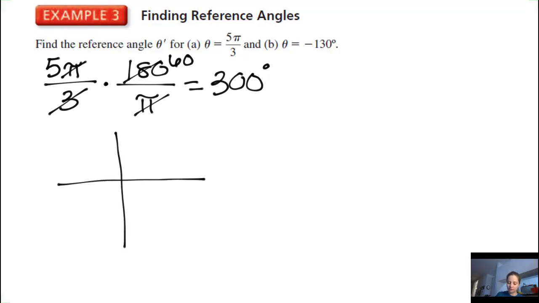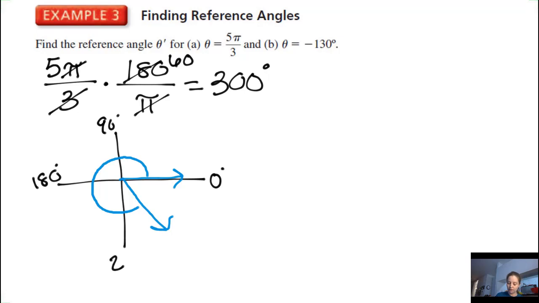Now I need to sketch this. So if theta is 300 degrees, it is past 270. I will mark my coordinate plane. That's 0 degrees, 90 degrees, 180, 270.